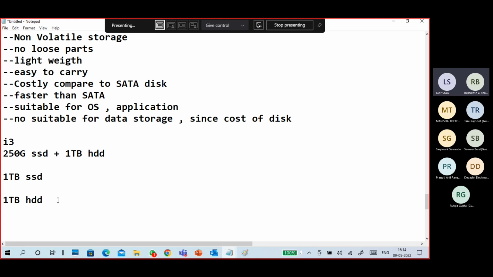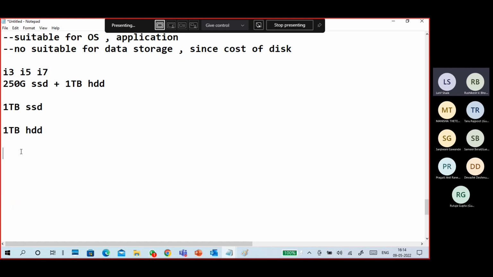So my point is, guys, choose either a 1 terabyte normal hard disk or an SSD plus a normal hard disk. Take a moderate processor, i3 or i5, i5 is good. RAM again, minimum 8 GB, 16 GB. That is enough, not more than required.